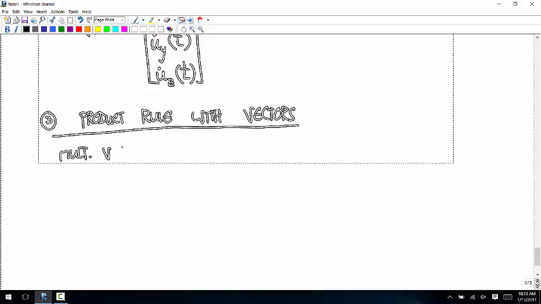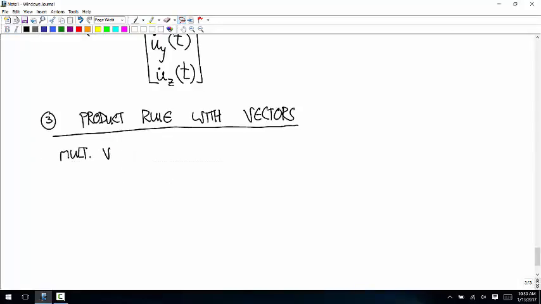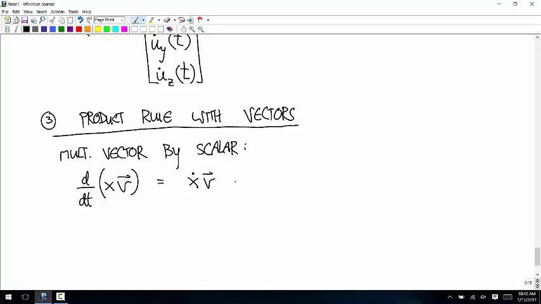So if you multiply a vector by a scalar, d/dt of, let's say we have a scalar x and a vector v, that's equal to x dot times the vector v plus x times the vector v dot.